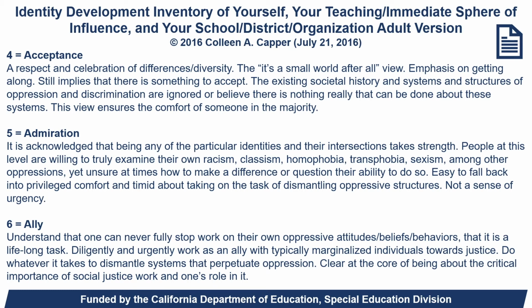From there, you will take some time to review each of the different approaches to identities. Then self-reflect on your immediate responses to each of those identities. Are you approaching that identity from a space of repulsion, fear, pity, neutrality, acceptance, admiration, or as an ally?